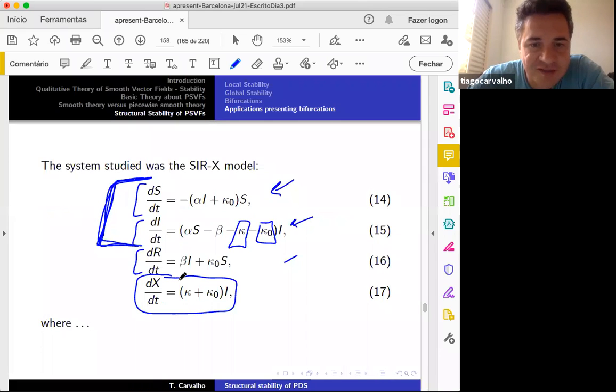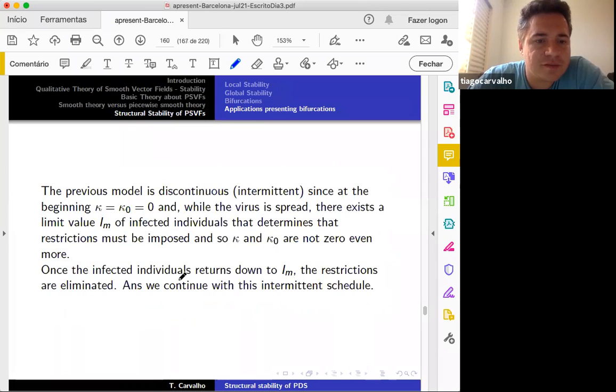In this planar system, since we are interested in piecewise smooth vector fields, we will consider two situations.